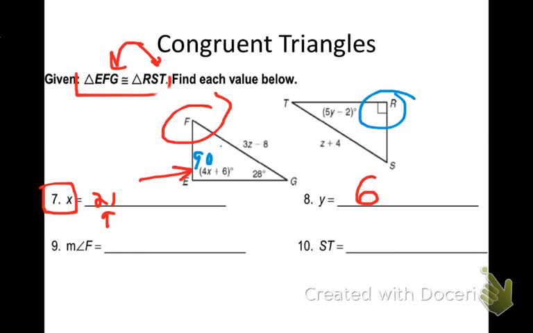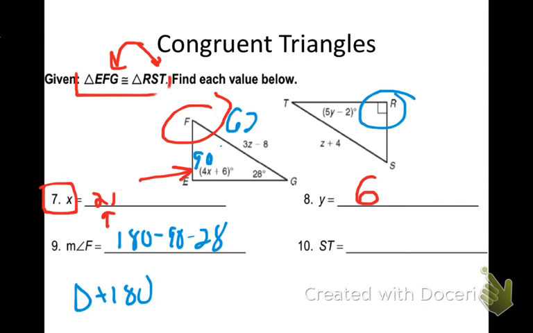So using my triangle theorem, a little review: triangles add up to 180 degrees. So I have 180 minus 90 minus 28. Subtracting that, angle F comes out to be 62 degrees. Cool. So then I'm going to look here.